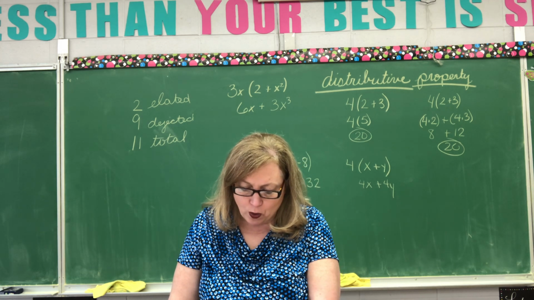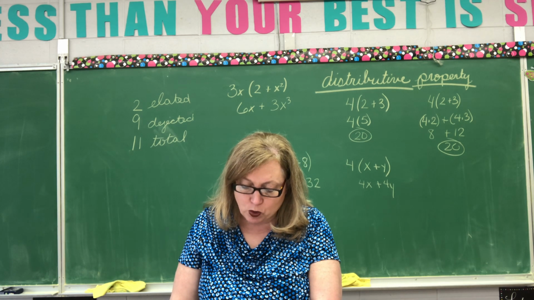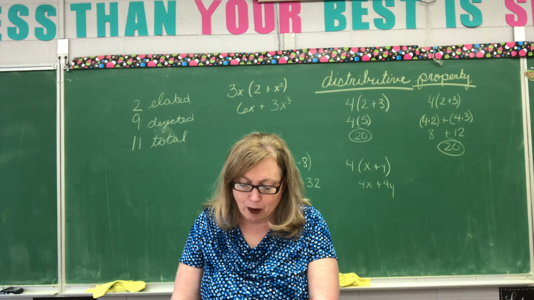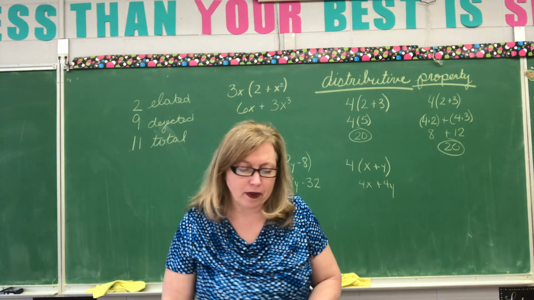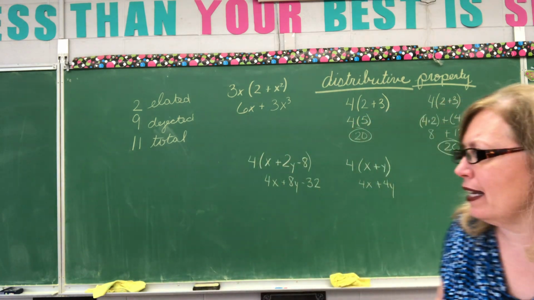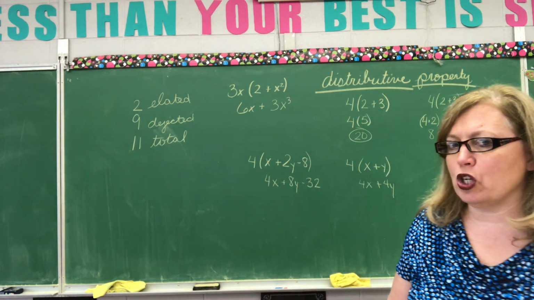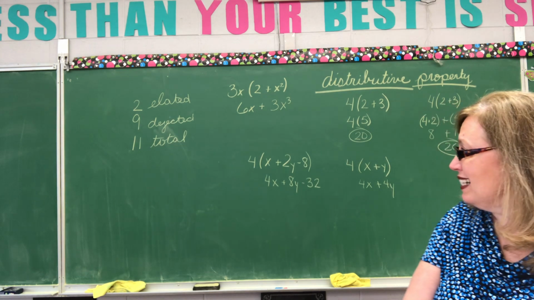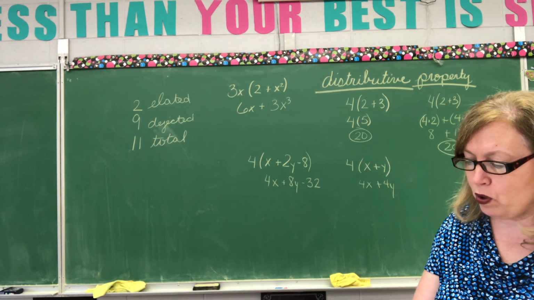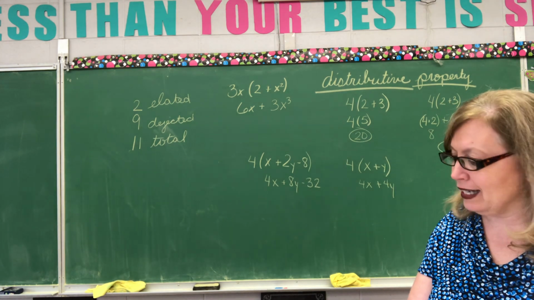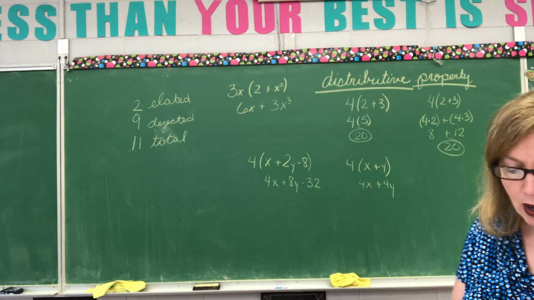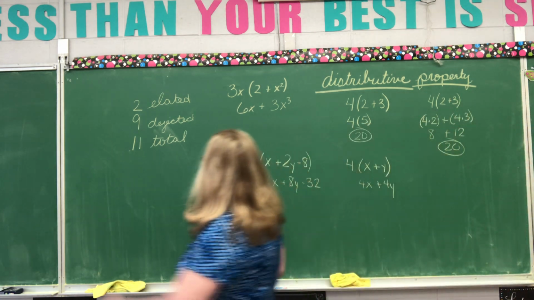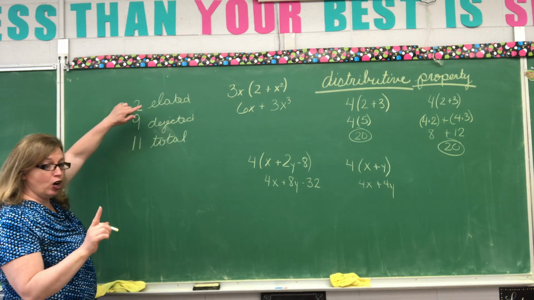If the ratio of elated to dejected was 2 to 9, how many students were there in all? Let's think about this for a second. There are 2 elated, 9 dejected, and the total for this is 11. So how are we going to set this up?